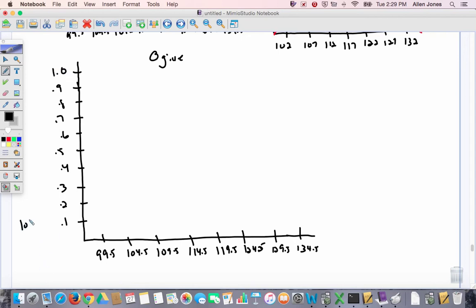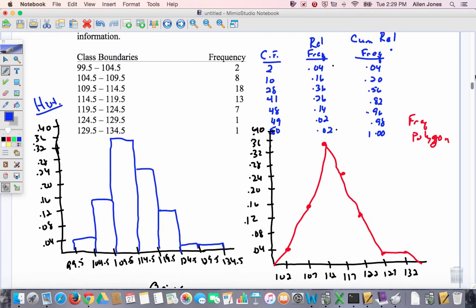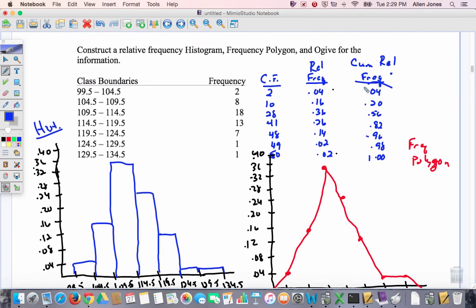Now because it is 1.0 or 100%, you can do what I'm doing and use the decimal values, or if you wanted to go 10%, 20%, and so on, you can put your percentages on it here as well. Not a big deal, reading the same kind of thing. Remembering our ogive will always start at 0 on that first boundary.